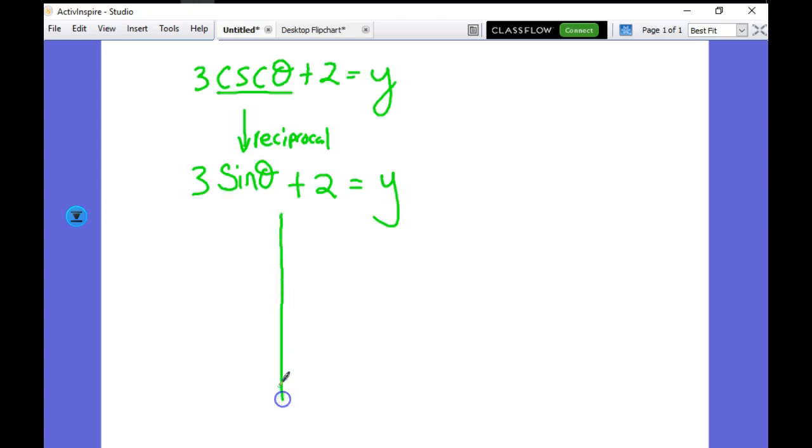Okay, so how do we do that? Well, we start by putting our angles on here. Our angles are pi over 2, pi, 3 pi over 2, and 2 pi. Now, where's my midline? Good.